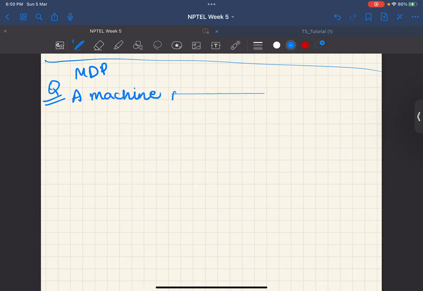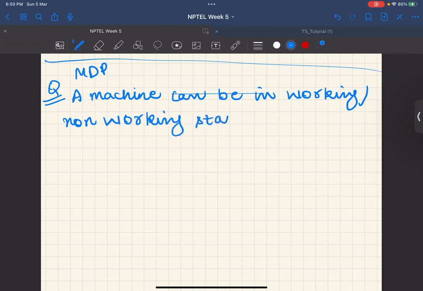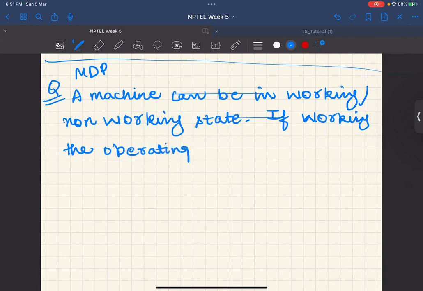A machine can be in working or non-working state. If working, operating the machine incurs zero cost.